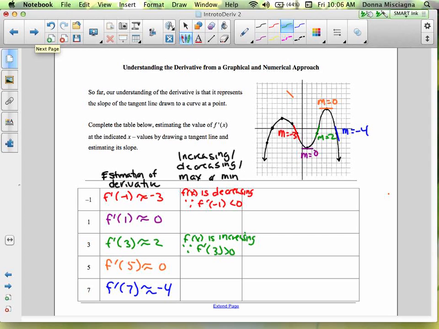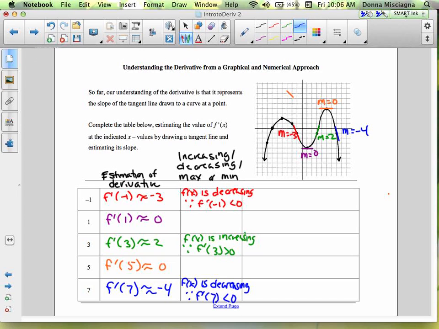And then the last one there that's not a 0, right? Notice that f prime of 7 is a negative number, so that means f of x is decreasing because f prime of 7 is less than 0.